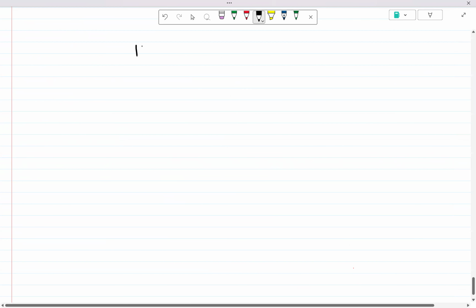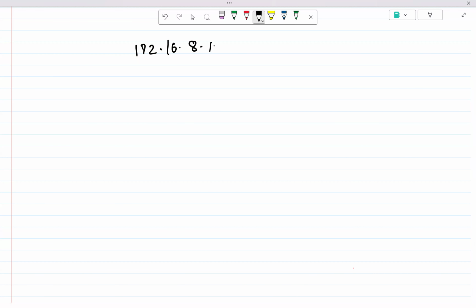So two sessions before, we saw how to find out a network ID and a broadcast ID, where it was a very simple address mask, right? Where in the address mask there was only 255. So for example, 172.16.8.13, and the address mask is 255.255.0.0.